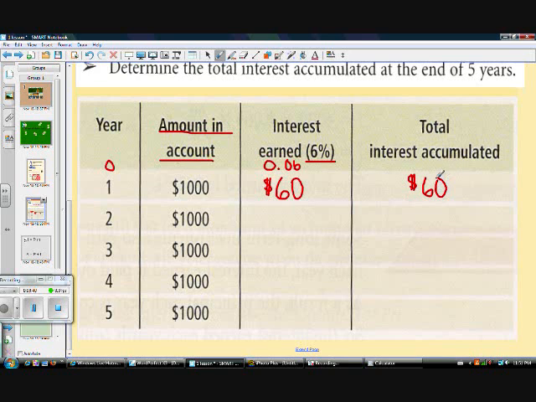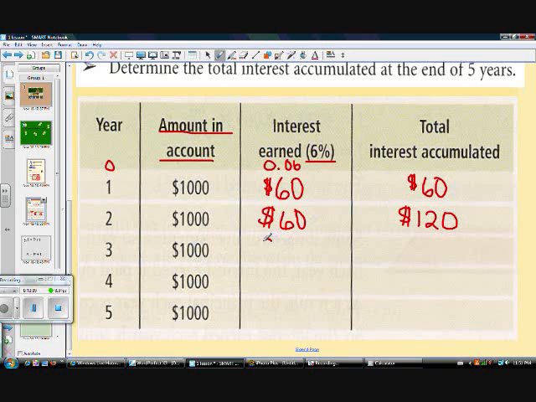Now, the second year, again, she still has $1,000, and when I take 6% of $1,000, I get another $60, which means now, in total interest that she's received, it's $120, because she received $60 at the end of the first year, and now another $60 at the end of the second.